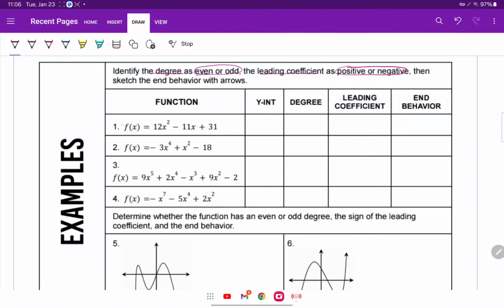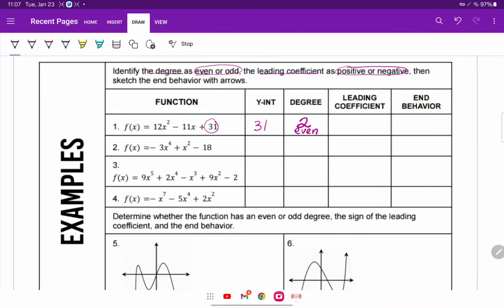All right, so first, number one, it's in standard form. The y-intercept, remember, is your constant. So my y-intercept is 31. The degree is the largest degree, and if you've put this in order, should be with your leading term. So the degree is 2, which means we've got an even degree.